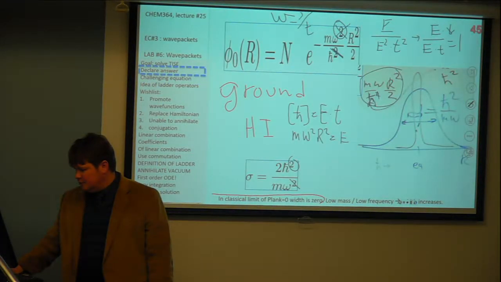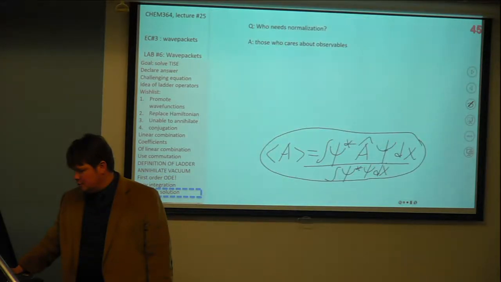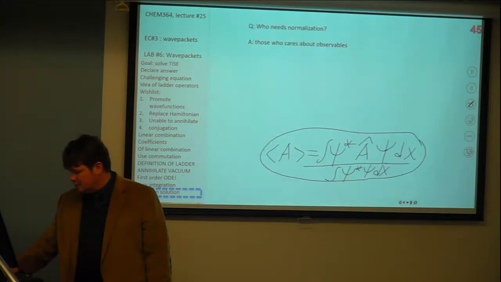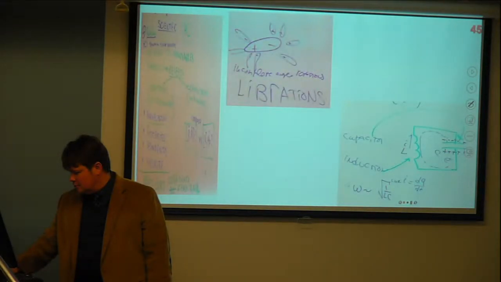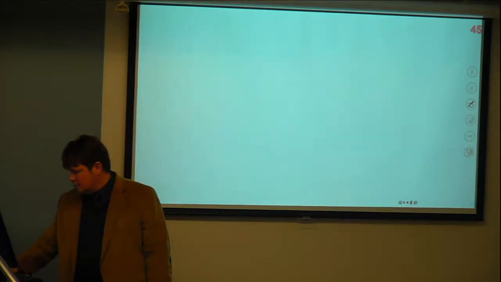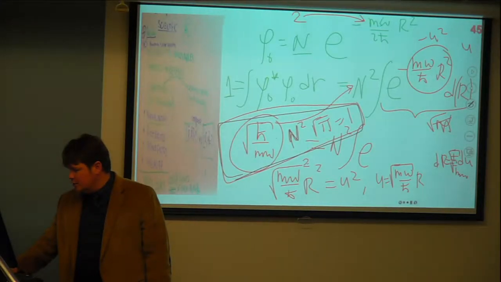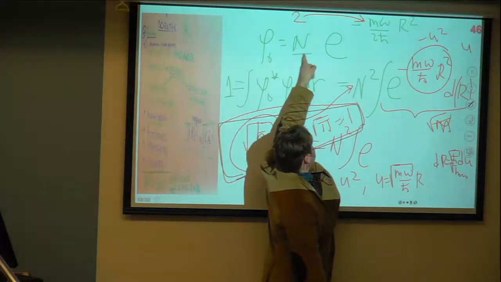I want to give a heads up for the next steps, because we need to go forward. Next time when we meet again, we will find out the value of the normalization coefficient.